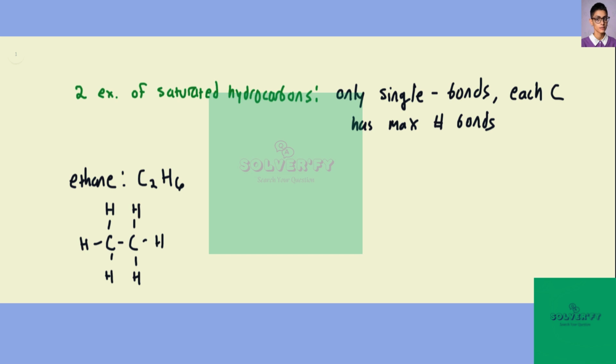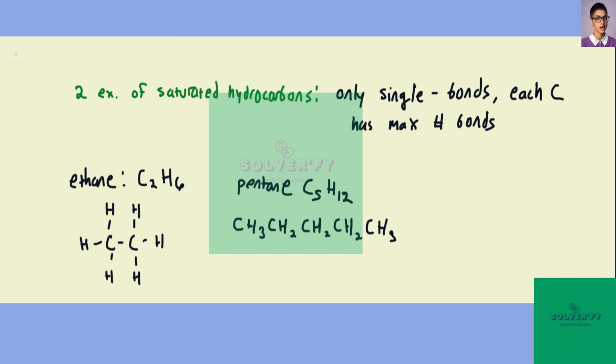If you wanted to get a little fancier, though, you could say that pentane, which is a saturated 5-carbon chain, where we have 5 carbons and 3, 6, 10, 12, is bound together. So that's another example.